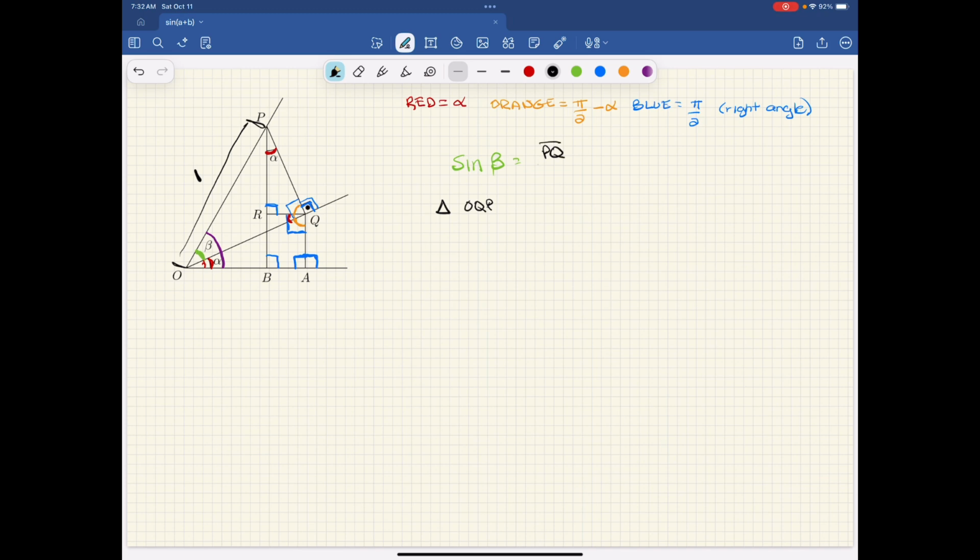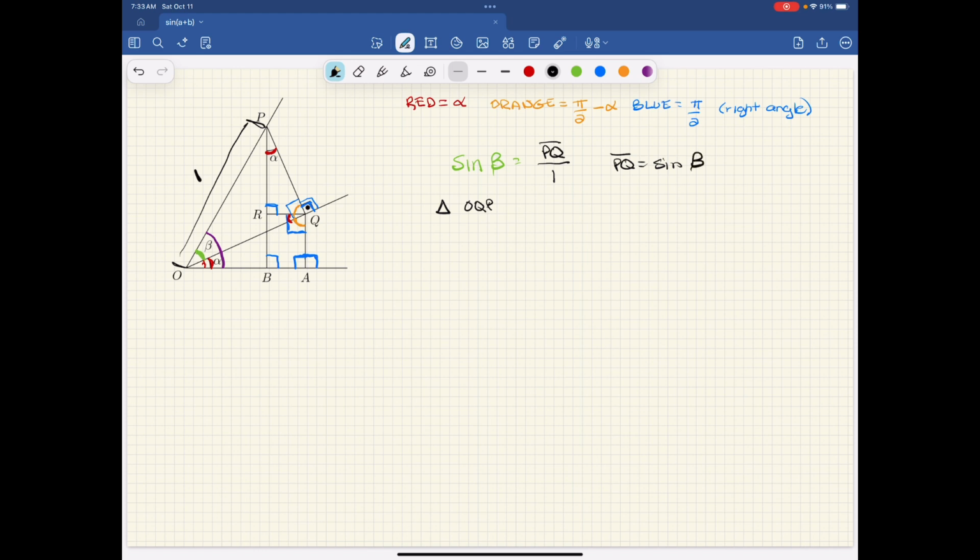And the hypotenuse is the line segment PO, but that just equals 1. So sine beta equals the length of PQ divided by 1, or just the length of PQ. So we know that the length of PQ equals sine beta.